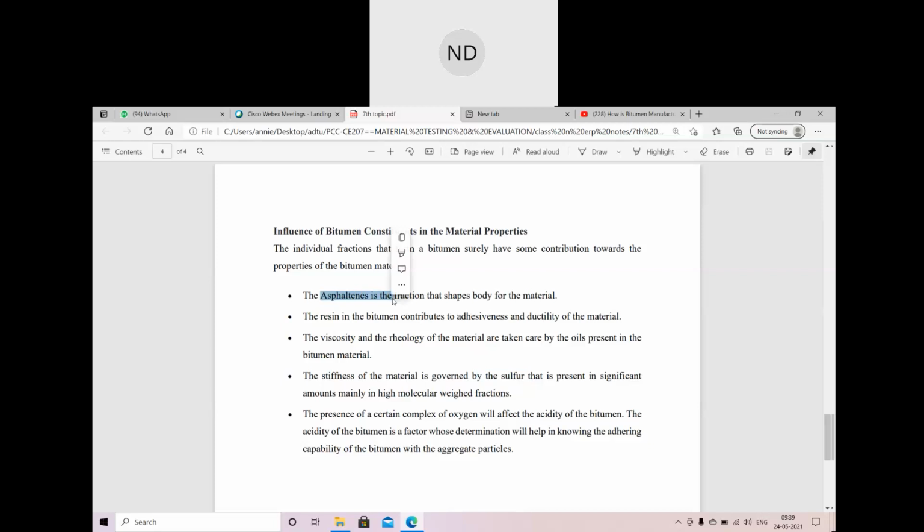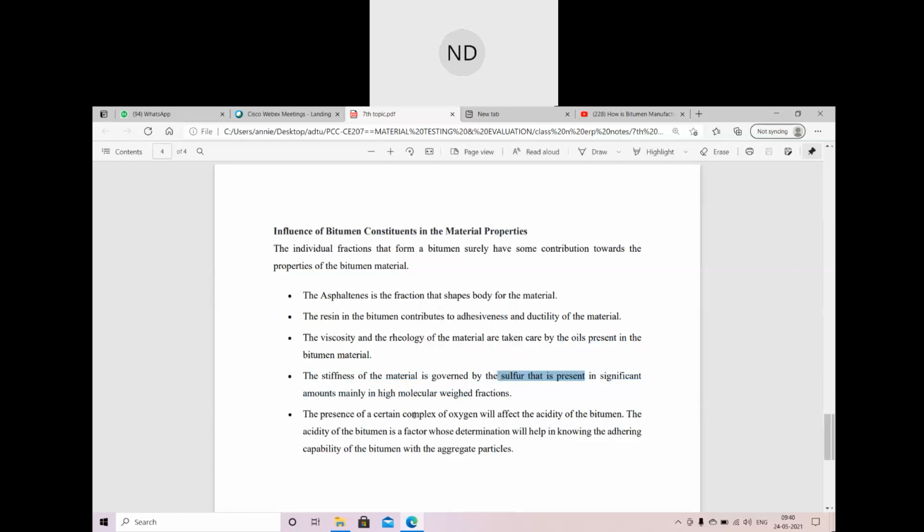So these are the fractions in a bitumen. They have different roles. The asphaltenes will manage the shape of the bitumen. Resin will manage the ductility, adhesive and related properties. The viscosity will be managed by the oils present in the bitumen. The stiffness will be governed by the sulfur present in the bitumen.